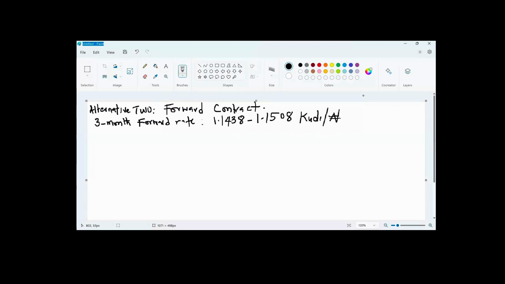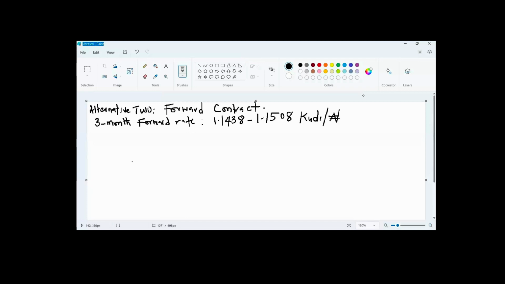Next, determine the buyer and the seller. Our company based in Nigeria, we are expecting inflows in kudi in 3 months' time. When we get the money, we are going to be selling kudi. Bank will buy kudi. Bank is the buyer, customer is the seller.